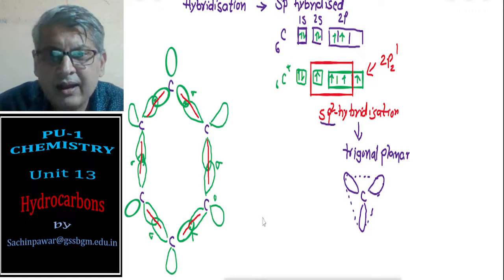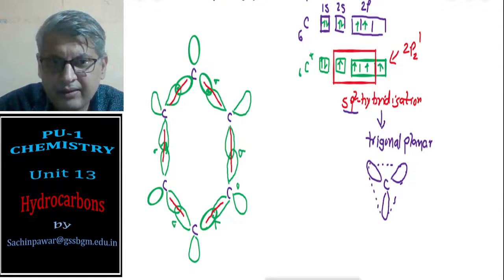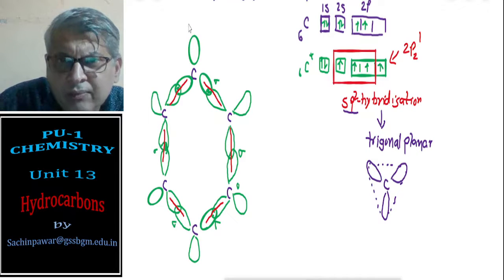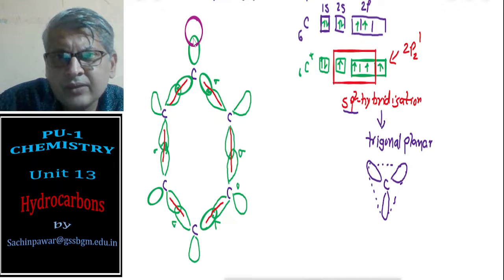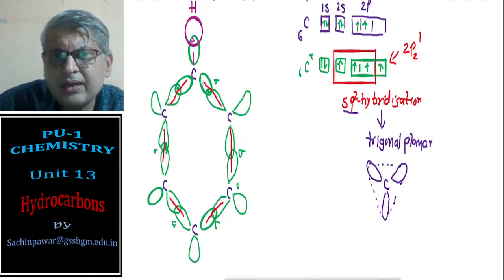Now one more thing: the 1s orbital of hydrogen, which is spherical, will overlap to form a carbon hydrogen sigma bond.